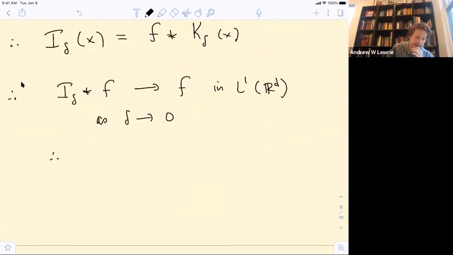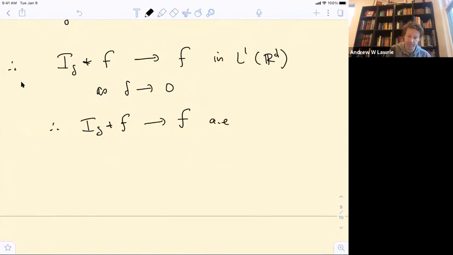Therefore, and we note that it tends to f almost everywhere, in particular, almost everywhere convergence. So this completes the proof.